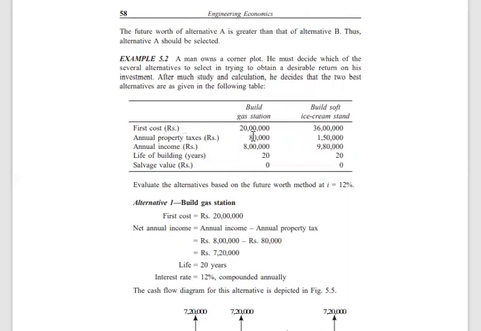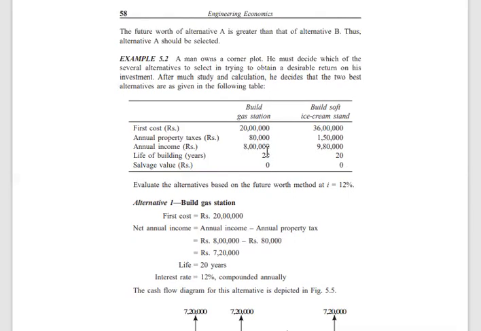First cost is 20 lakhs for the gas station and 36 lakhs for the ice cream stand. Annual property tax is 80,000 for the gas station and 1 lakh 50,000 for ice cream, and annual income is 8 lakhs for the gas station and 9 lakhs 80,000 for the ice cream stand.